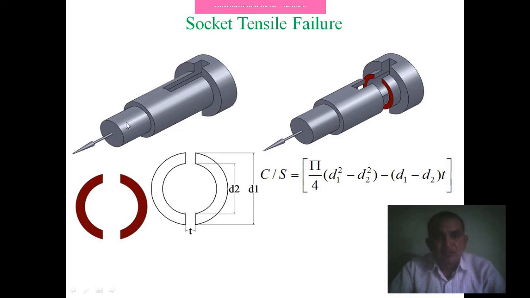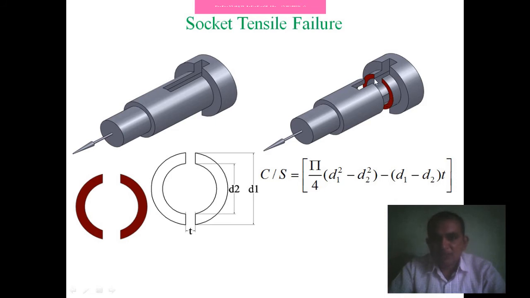The minimum cross section is present at this particular plane, and when we apply the tensile force this area will fail, as this cross section reaches failure conditions. Here the red color indicates where the element fails at this cross section.